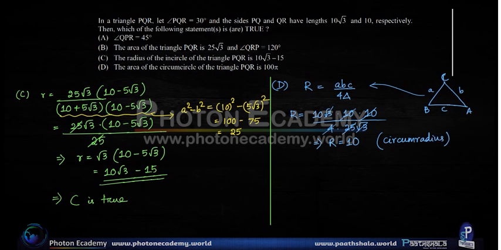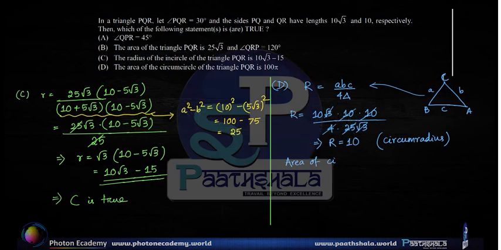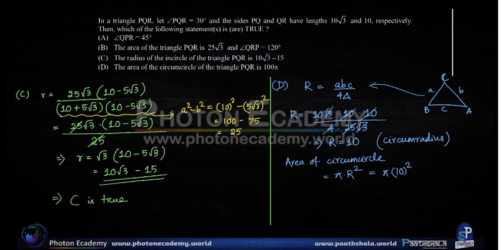Now to find the area of the circumcircle of the triangle, area of circumcircle is equal to pi R square, where R is the circumradius, is equal to pi into 10 square is equal to 100 pi.